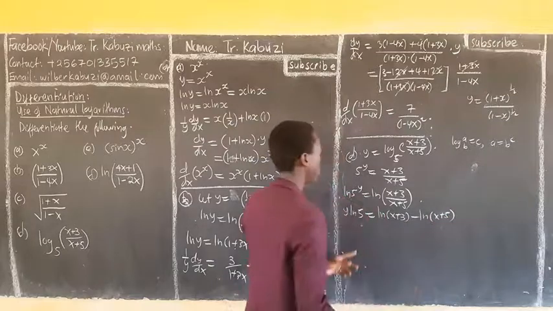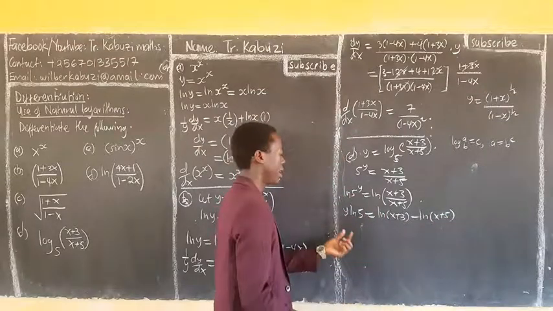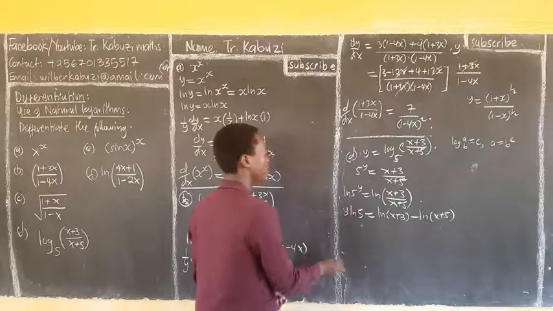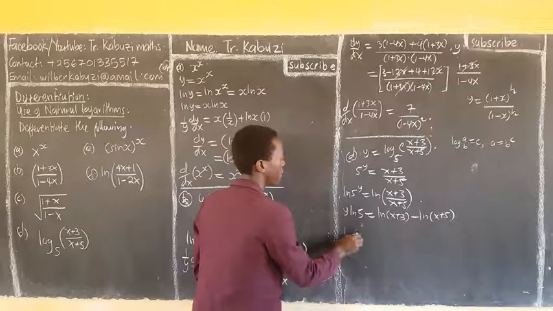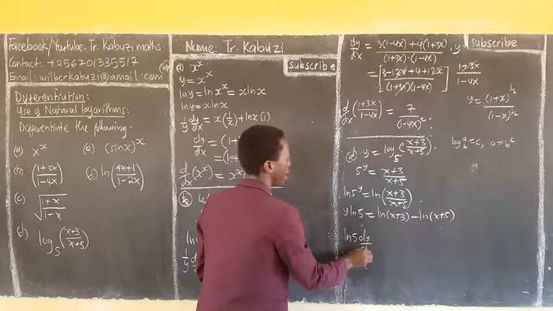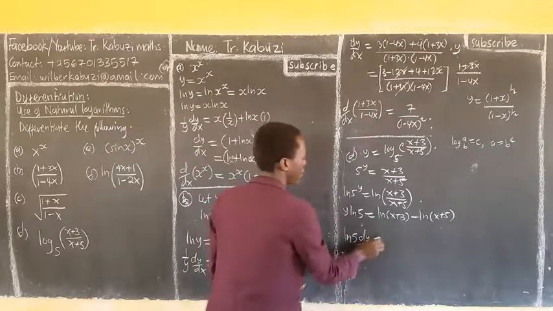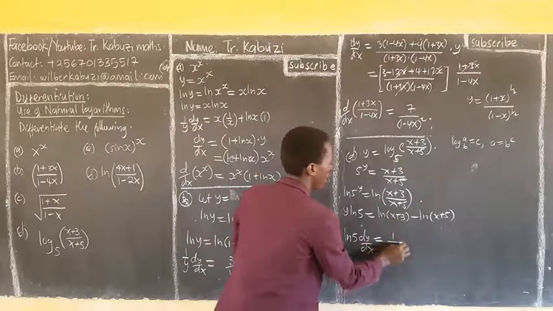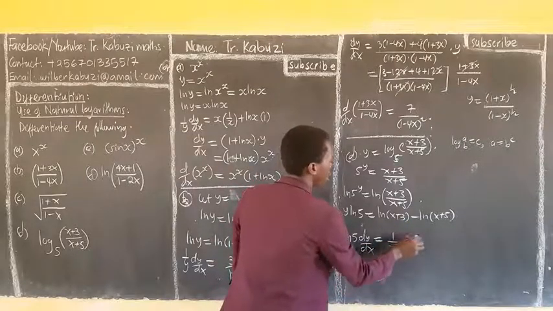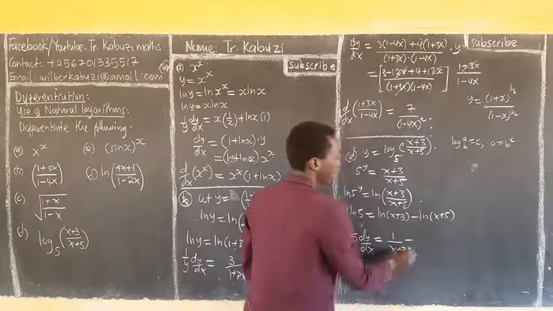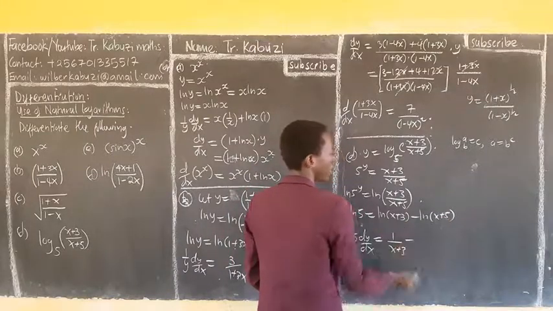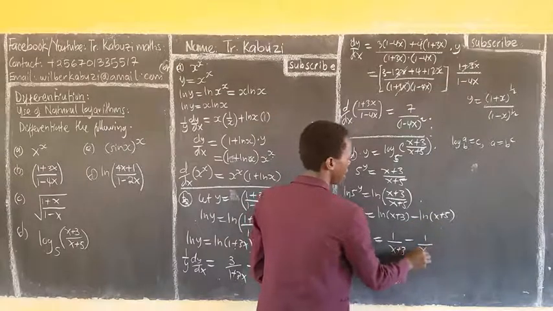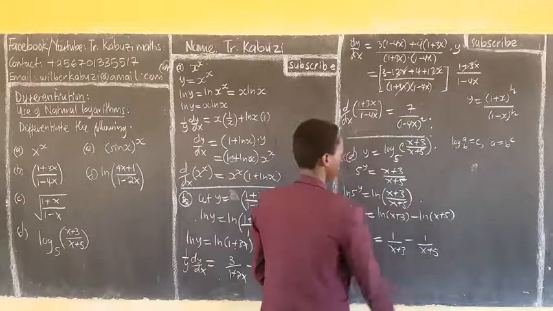Plus 5. So now we differentiate, you know that natural log 5 is a constant. So you treat it as a constant, so when I differentiate y I get 1, but I'm differentiating a function of y. So natural log of 5 times dy dx equals, when I differentiate all of this, I get 2 over 2x plus 3, then minus 1 over x plus 5.